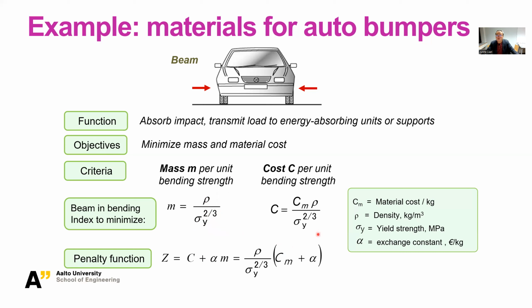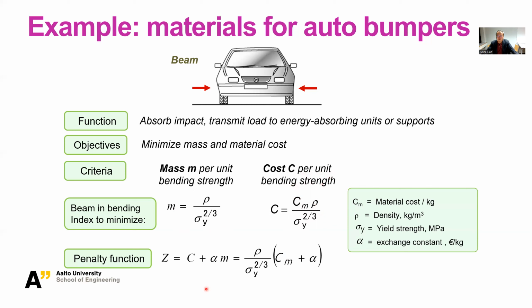And the same thing is for the costs. But actually the cost is something very easy to understand. It is just kind of proportional to the M right here. This is also something you can easily imagine. But what should be paid attention to, it is also formulated to unit bending strength.